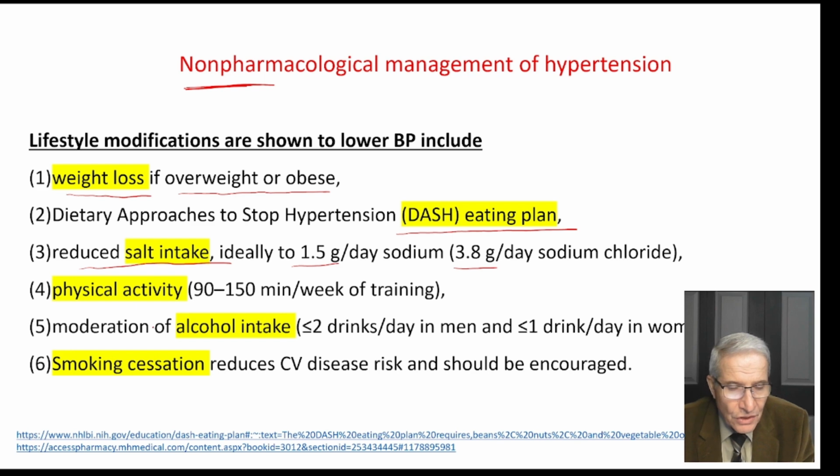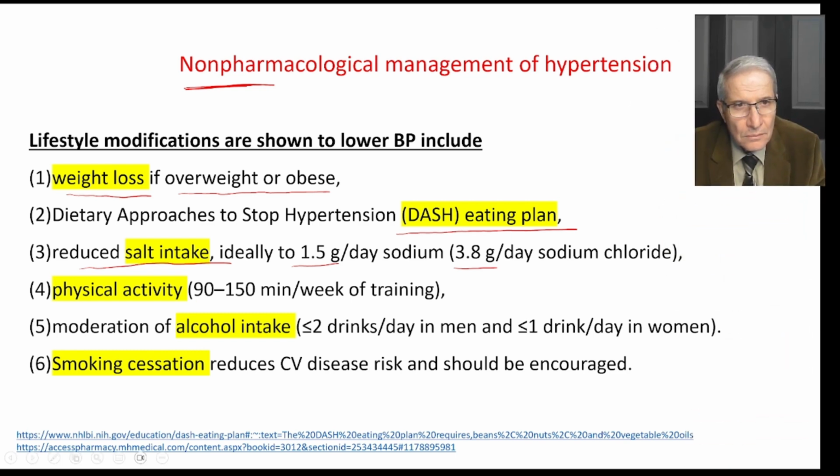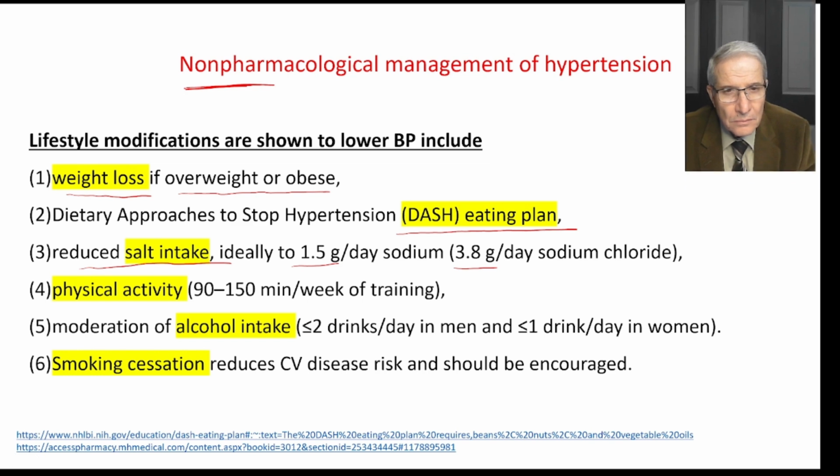Physical activity, 150 minutes per week of training. Limit alcohol intake, 2 drinks for men and 1 drink for women. Smoking cessation and reducing cardiovascular risk should be encouraged.